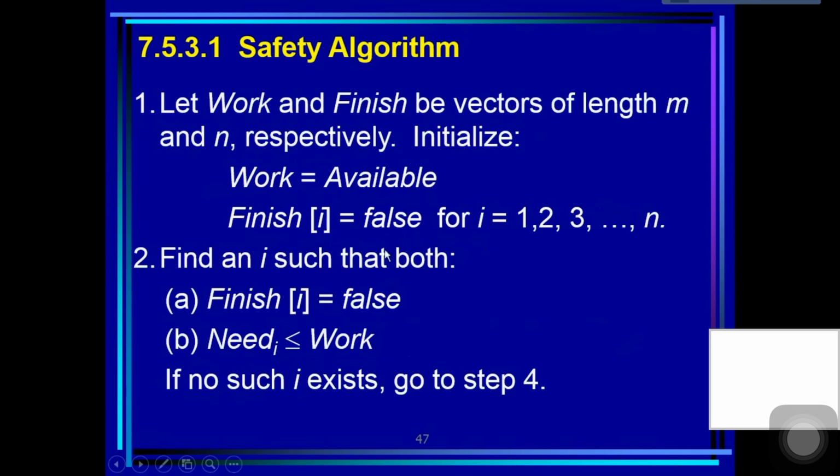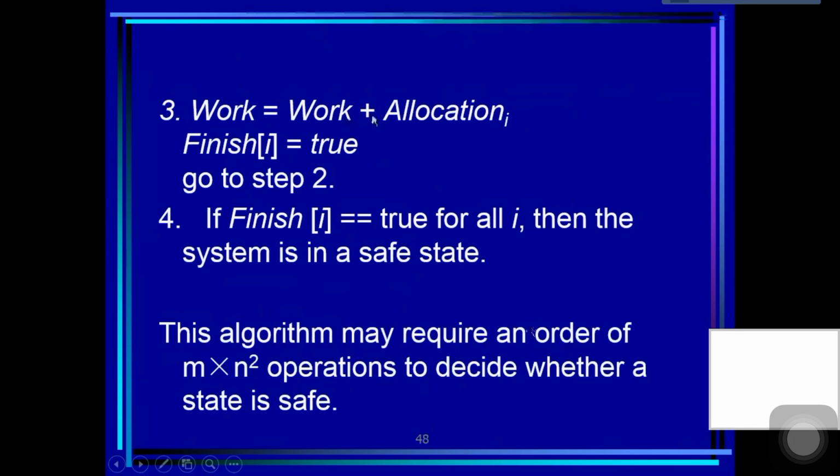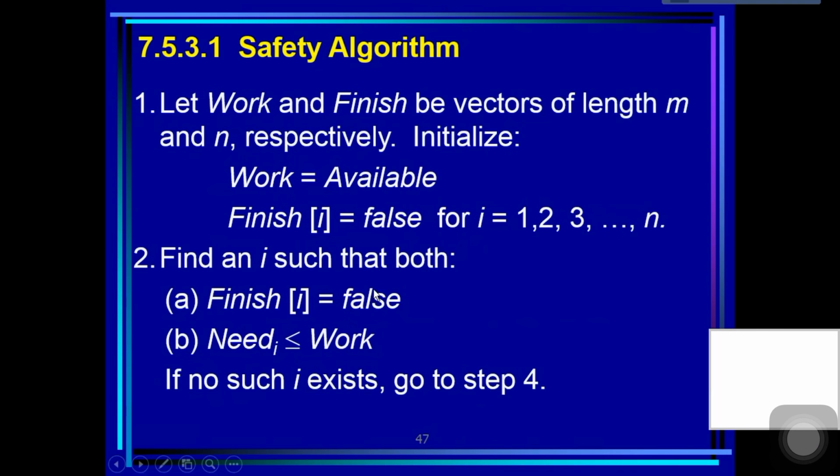Because in step 2 we can satisfy process Pi's need, we assume that Pi can finish its work and return its allocated resources to the system. So we have this formula. Then Finish[i] equals true. Then go to step 2 till we cannot find such an i.